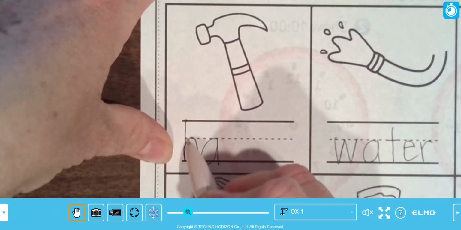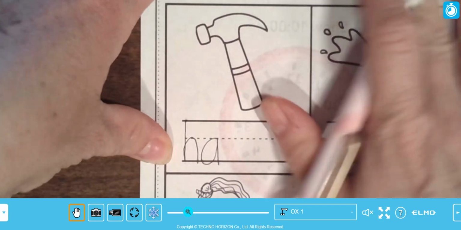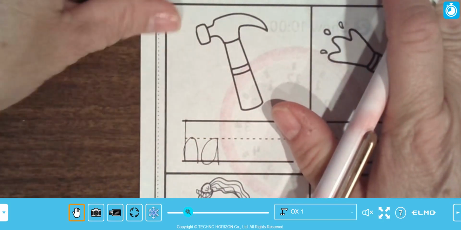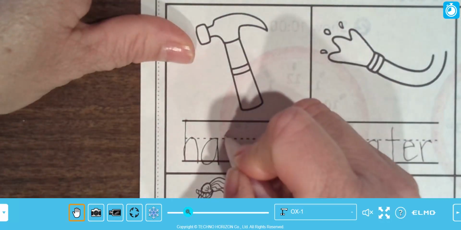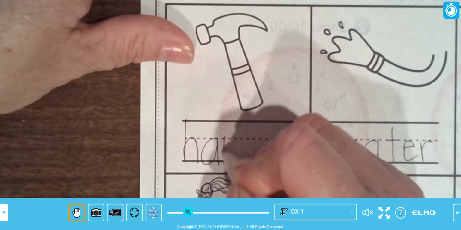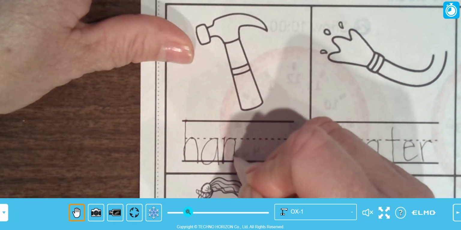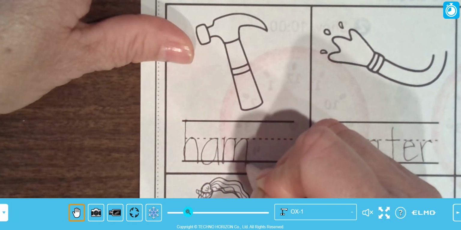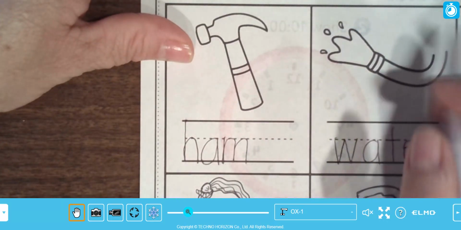So the hammer, the H goes down to the bottom, back up to the middle, turn. And so, from the middle or the dash to the bottom, back up to the dash, down to the bottom, back up to the dash, down to the bottom. Start at the dash line, then go down, okay? I'll do it.